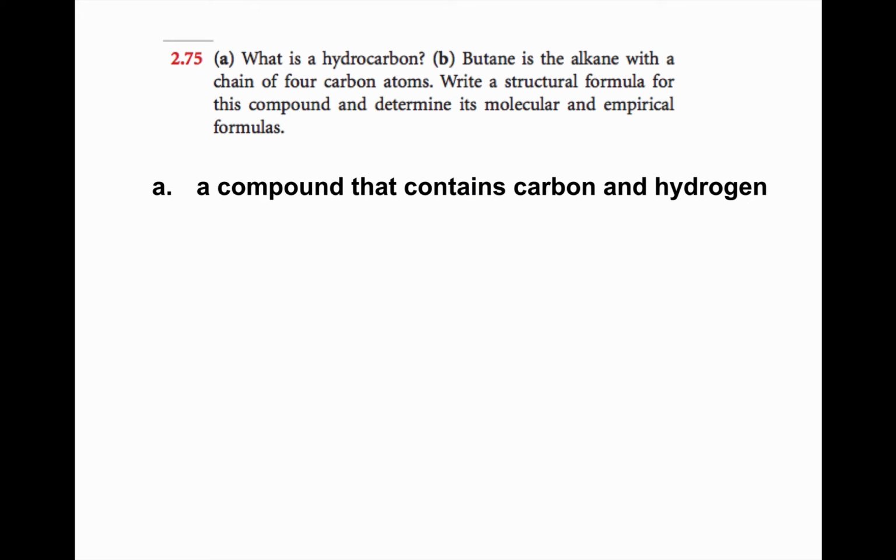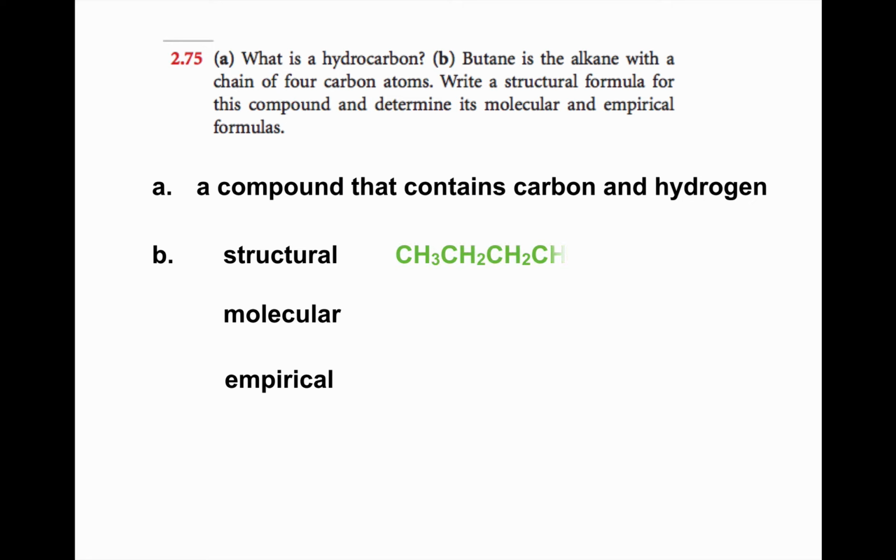We'll get into that later on in the course. But the structural formula for butane would be 4 carbons, and you'd have each of the carbons saturated with hydrogens. So the molecular formula for this is C4, and you've got 1, 2, 3, 4, 5, 6, 7, 8, 9, 10 hydrogens.